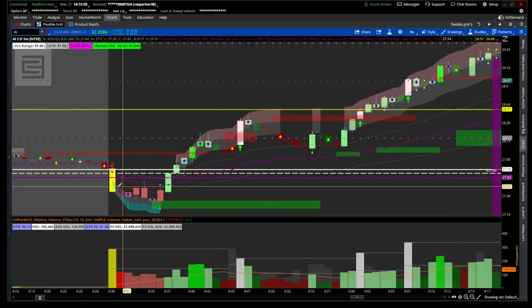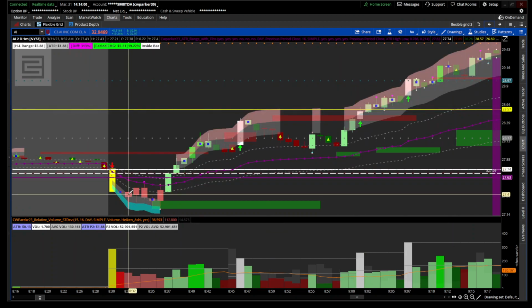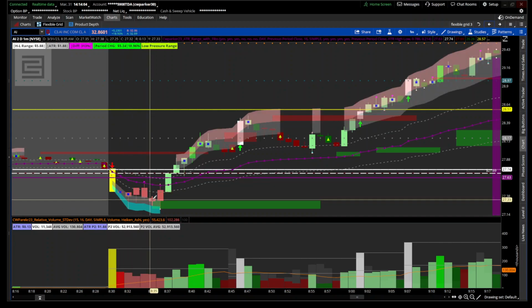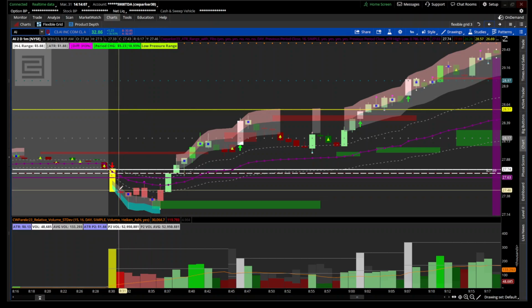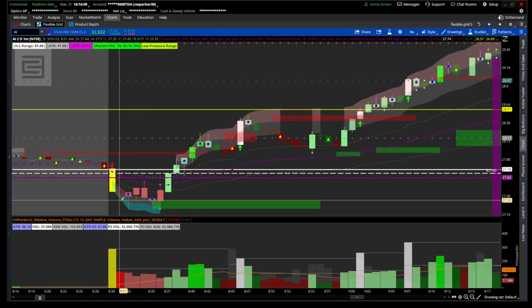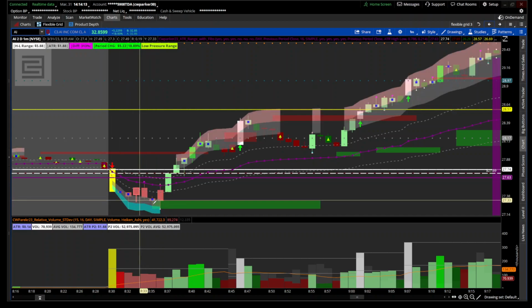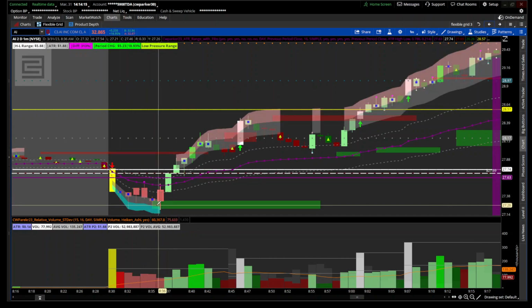You can see right here, those are those squares, high pressure ranges right here. You can see right there that this was probably an indication there's a turnaround. Then you got all these different lower wicks. This is a 1 minute chart. And then you got your area of support that popped up as well.